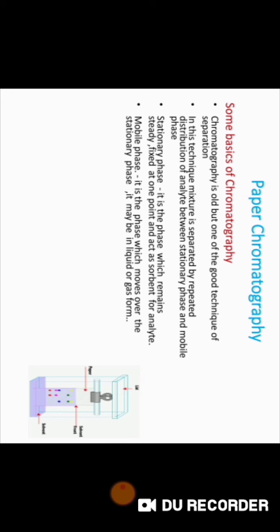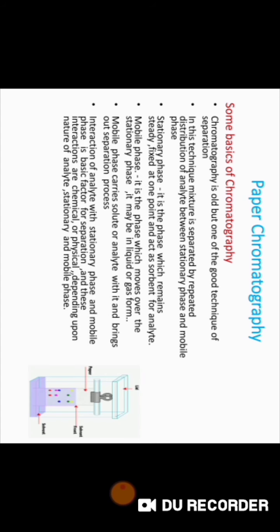But the word itself indicates that the phase which can move from one place to another is the mobile phase. So what is the function of the mobile phase? It carries the solute or analyte with it. As the mobile phase travels forward, the solute also goes along with it, depending upon the attraction between the analyte and the mobile phase.